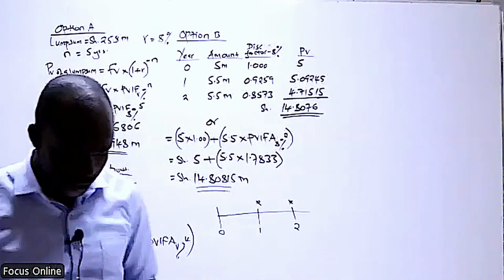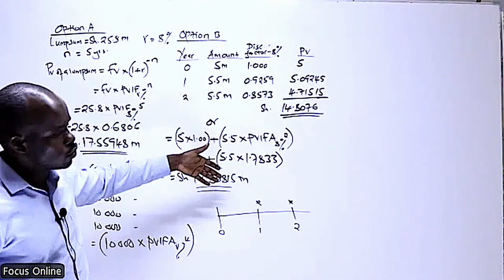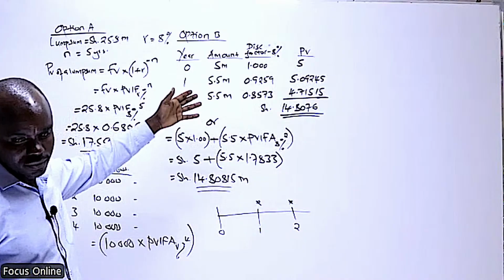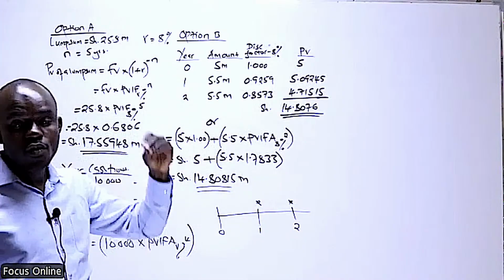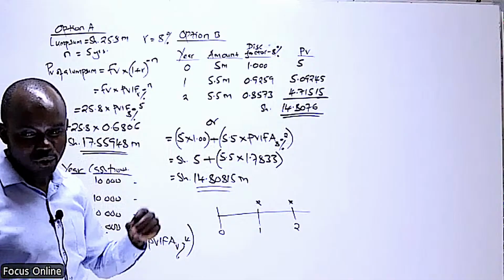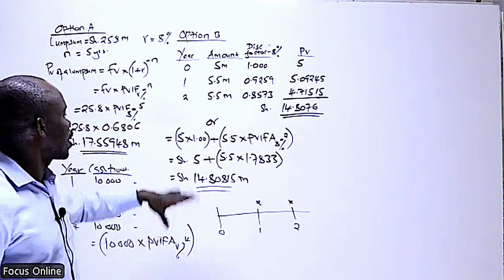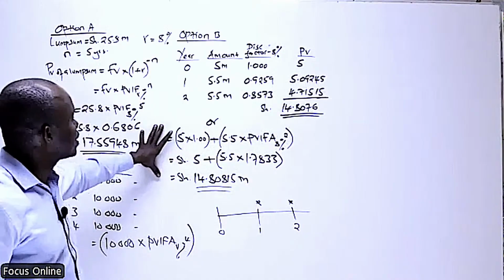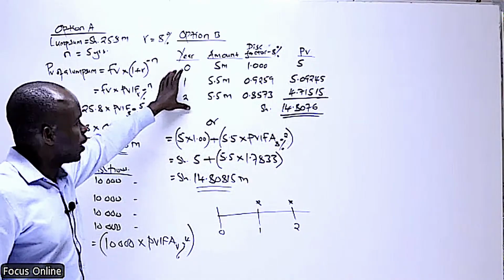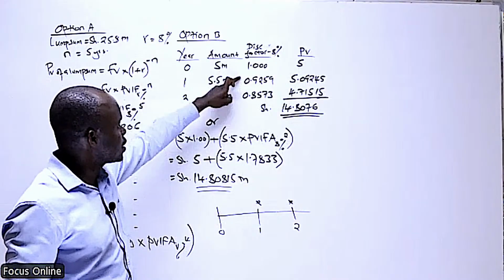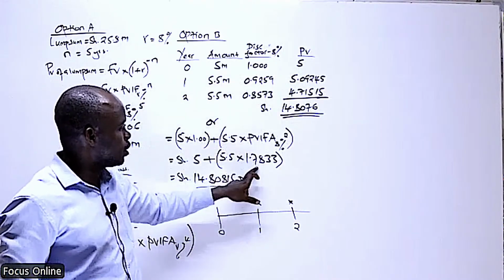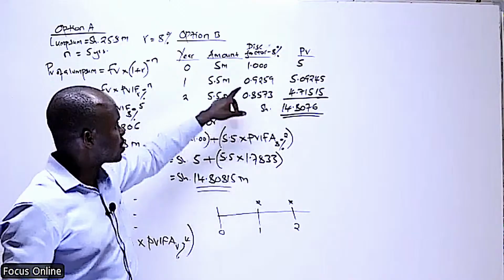Okay, let's continue. So now you've seen the 2 ways of doing that question. That is why I'm saying you have to understand. You don't need to just cram. You need to understand why this method is the same as this. Can you try this plus this?